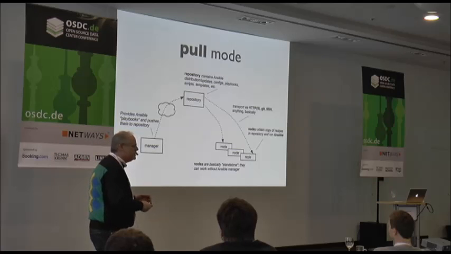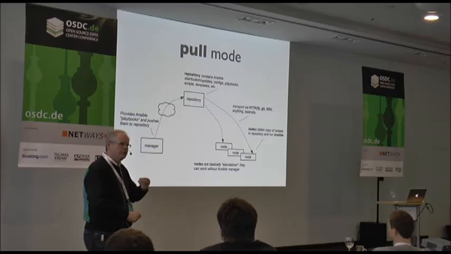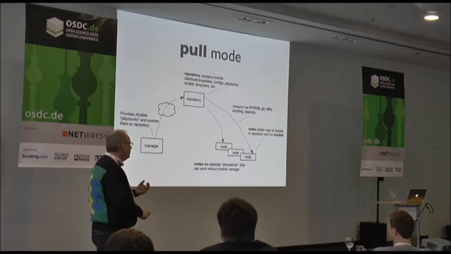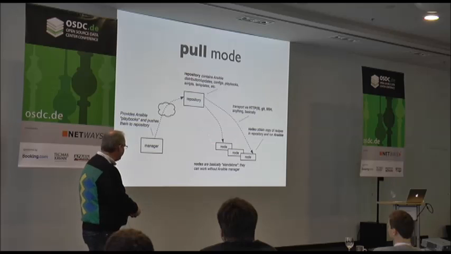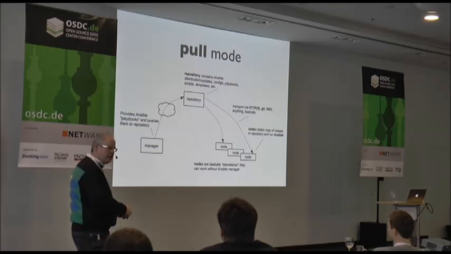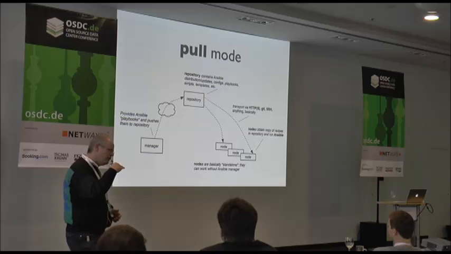What basically happens is you provide configuration in the form of playbooks, etc. You provide it in files which you might replicate over a Git repository or some other version control system. These nodes have access to that repository, and then they run their playbooks on localhost.